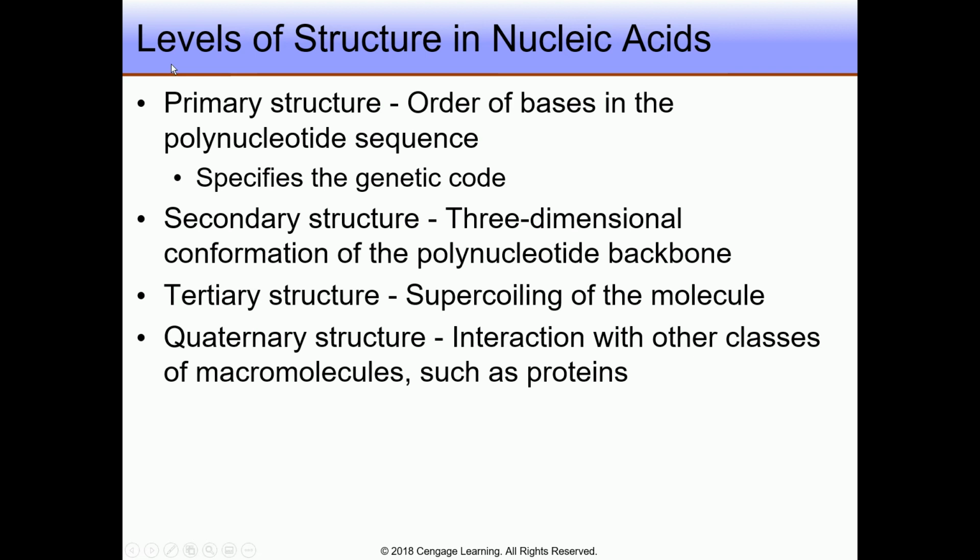The secondary structure is the conformation of the nucleic acid strands. The tertiary structure is when these molecules supercoil over each other. And the quaternary structure is when these nucleic acids interact with other macromolecules like proteins.